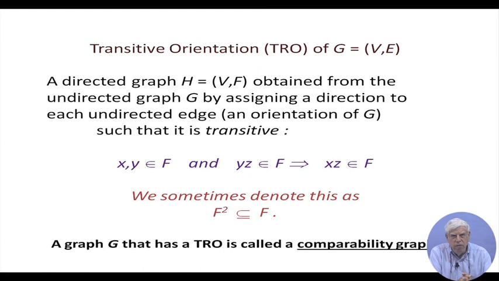That is, if in the orientation F, X goes to Y, Y goes to Z, then it must be that X goes to Z. Sometimes we say that F squared is contained in F, where F squared is the paths of length 2. Every path of length 2 is shortcutted by an edge in the orientation. And a graph that has a transitive orientation is called a comparability graph.